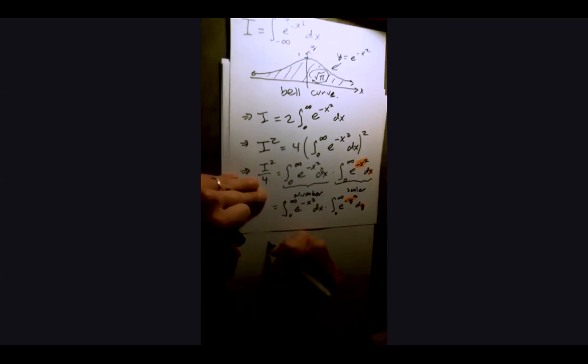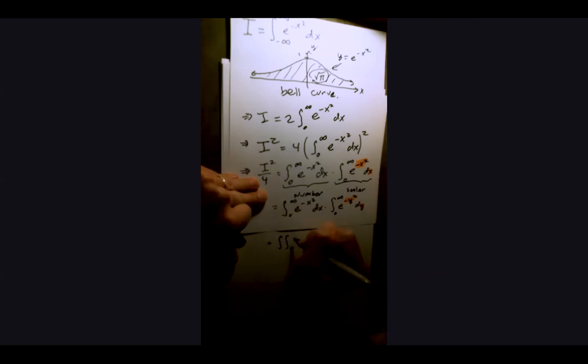So this is going to be equal to the double integral from 0 to infinity of e to the negative x squared times e to the negative y squared dx dy.